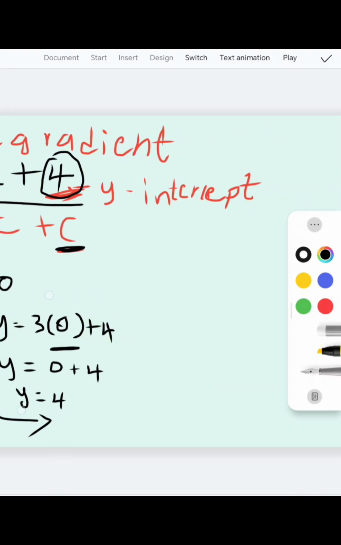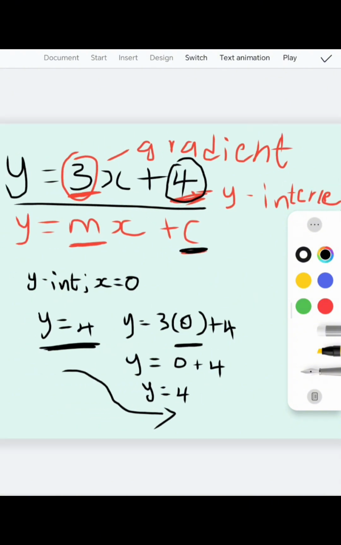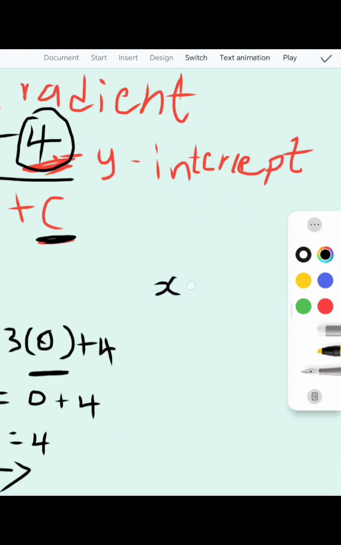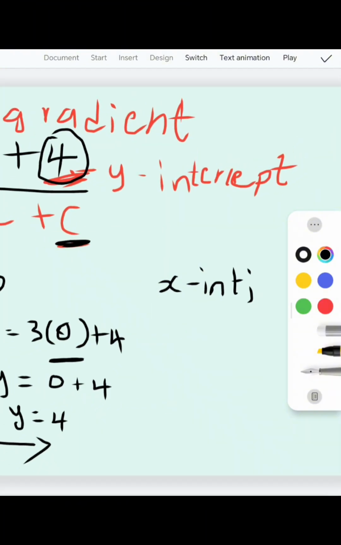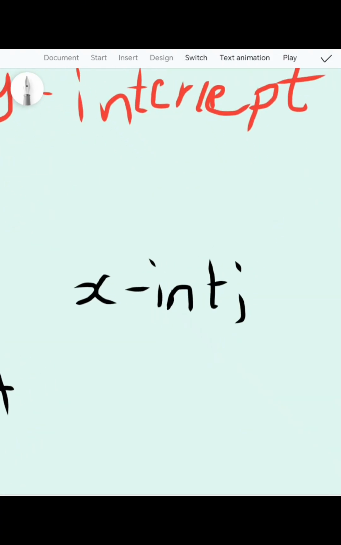I hope you understood. Now, the next step, we must calculate the x-intercept. For the x-intercept, it is vice versa. When you calculate your x-intercept, it means you're going to put your y to be 0.